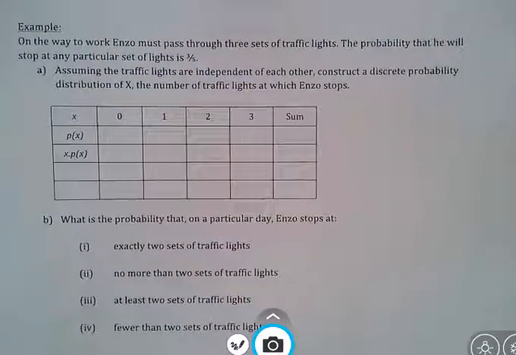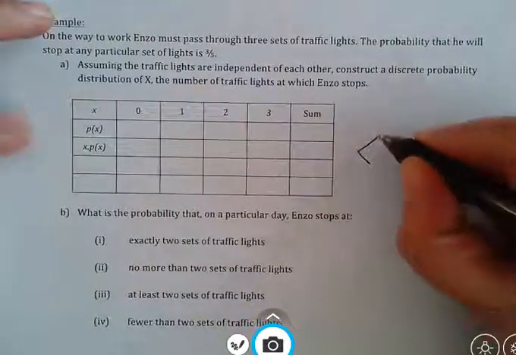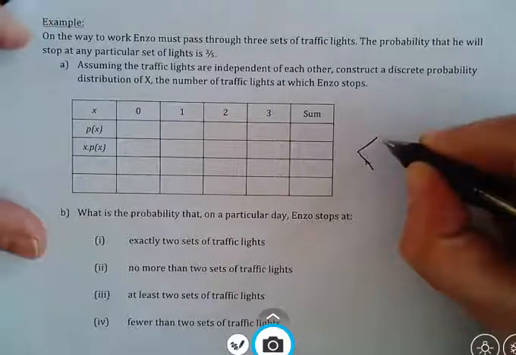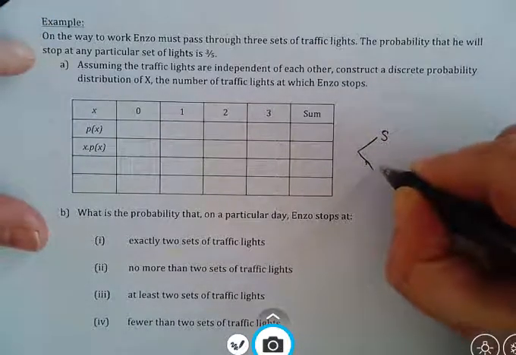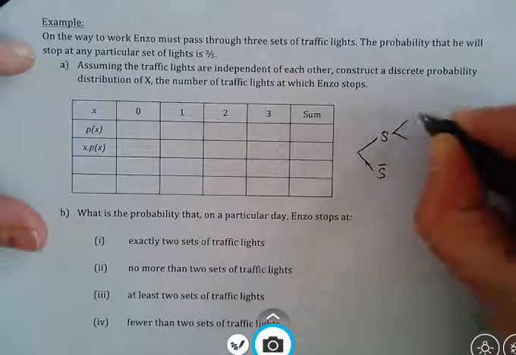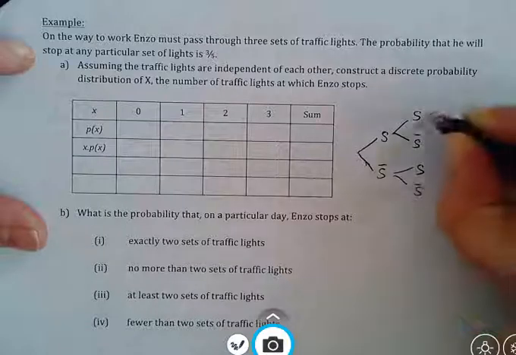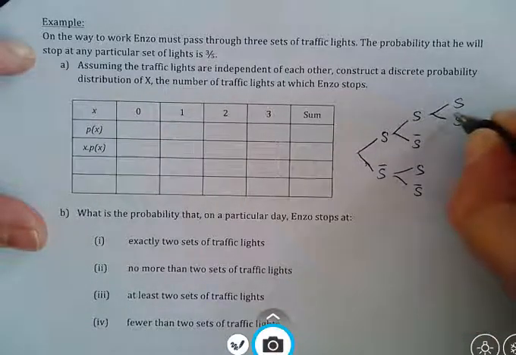So you're going to need a tree diagram. So we've got our first lights where it would be stop and does not stop. Then we've got our second light, stop, not stop. And our third set of lights, stop and not stop.